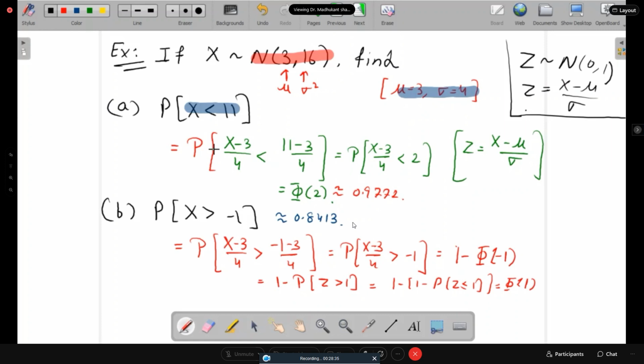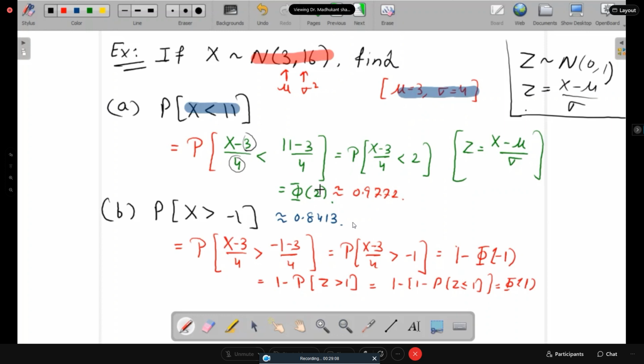To bring out the information in terms of z, you have to subtract the mean and divide by the standard deviation. Nothing should change, so you have to do this simultaneously on both sides. Here we subtract the mean 3 and divide by 4 on both sides.